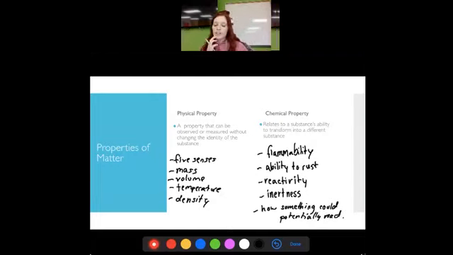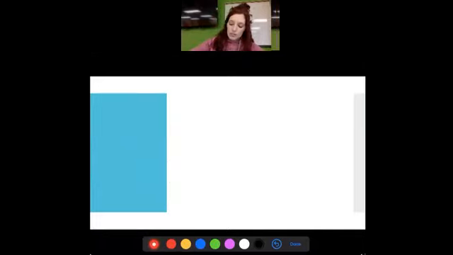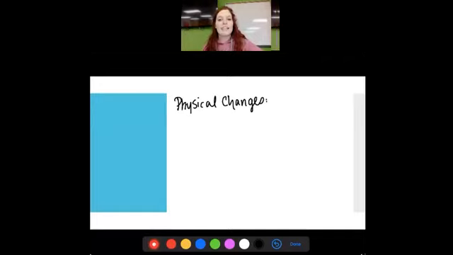Okay. So those are properties. Let's talk about changes next. So I want to talk about physical and chemical changes. It's very similar to chemical and physical properties. Let's start with physical changes. So I actually have a definition for this.